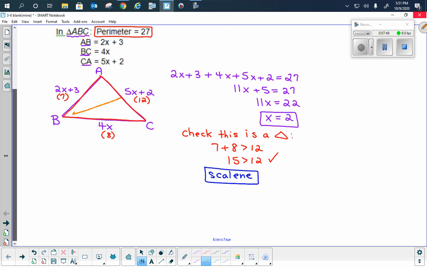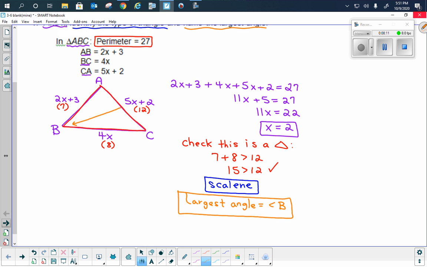So the angle across from it would be angle B. So I'm just going to say that our largest angle equals angle B. And now we have answered everything in that problem. All right, next.